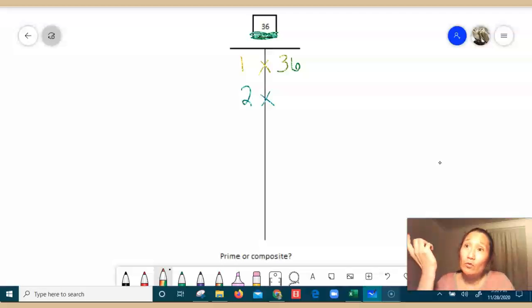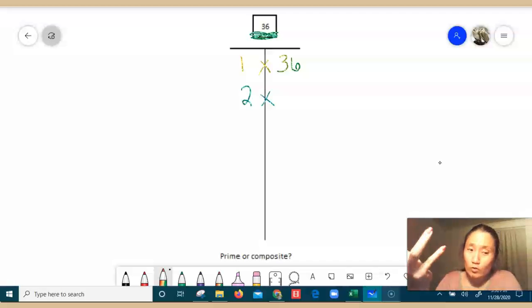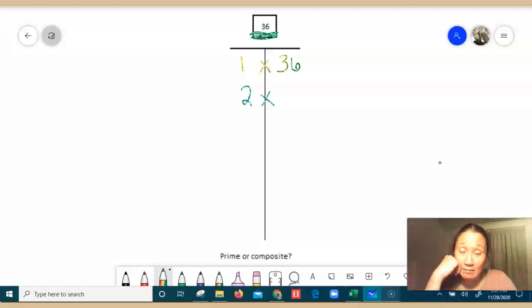Well, 2 times 15 is 30, because 15 plus 15 is 30. So you know that you're going to get close. So 16: 2 times 16, so 2 times 6 is 12, and 2 times 10 is 20, so that'll be 32.